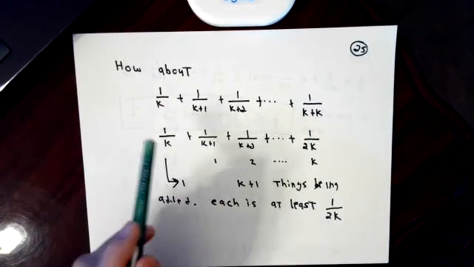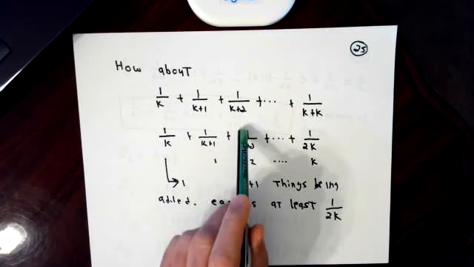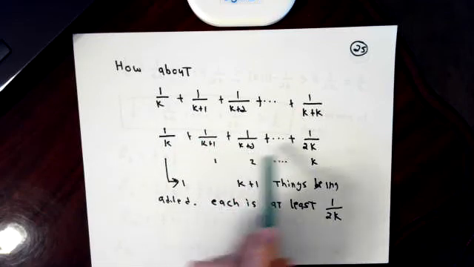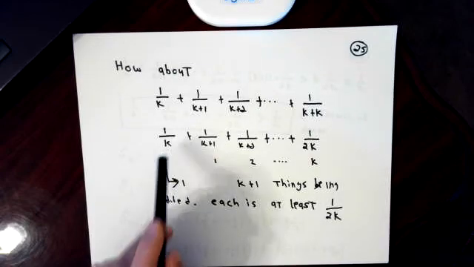Which of course means I'm going to be adding 1 over k, 1 over k plus 1, 1 over k plus 2, until I get out to 1 over 2k. I have doubled the number on the denominator from where I started.